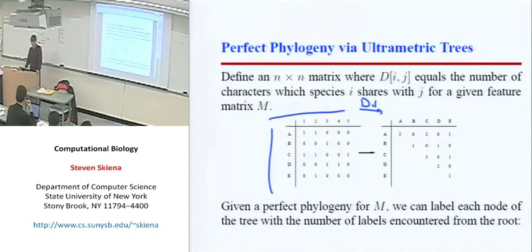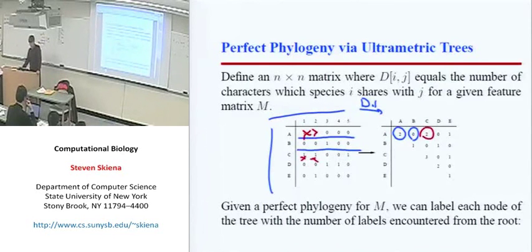How many features does A have in common with A? Well, the answer is 2, right? That's not a hard one. How many features does A have in common with B? None. Does everybody see that? Okay. How many features does A have in common with C? This is in common, and this is in common. So the answer would be 2. Does everybody see that?